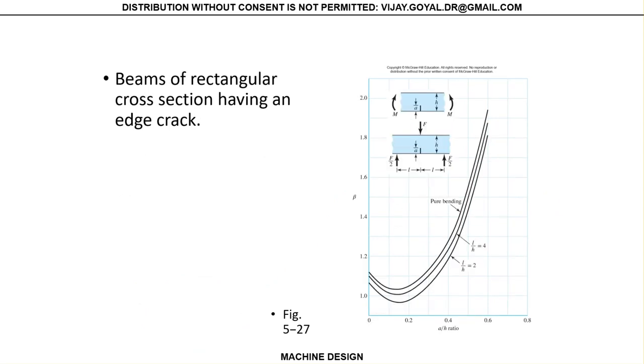So if there's a rectangular cross section that actually has a crack there, and it's having a bending type of behavior, you still use the same equation. Okay, the equation does not change. The values of A change. Now A is only half of that crack.